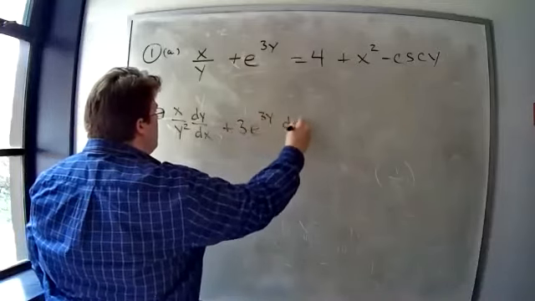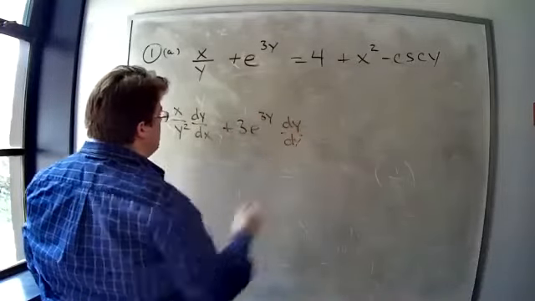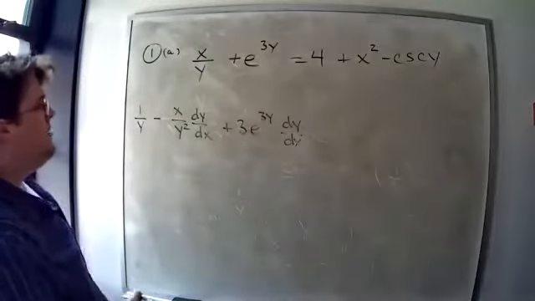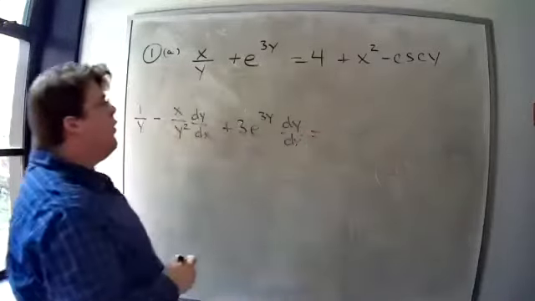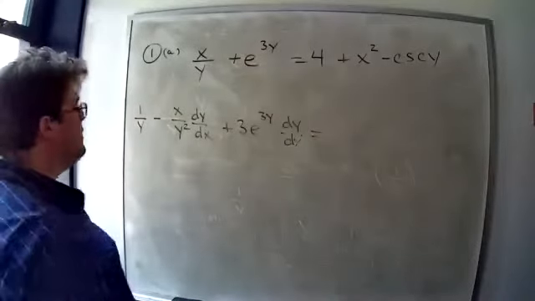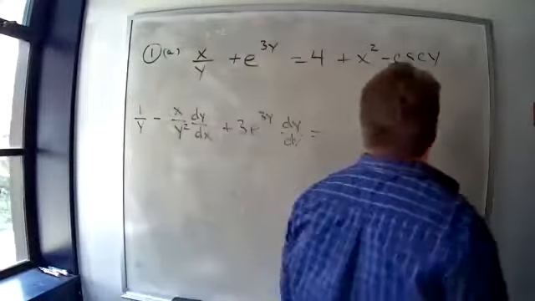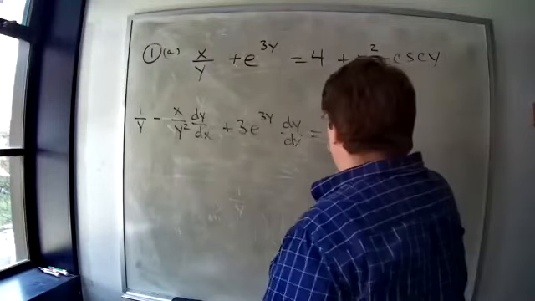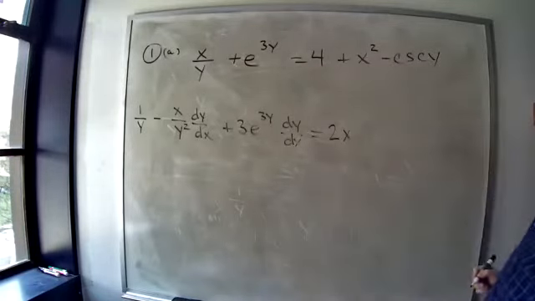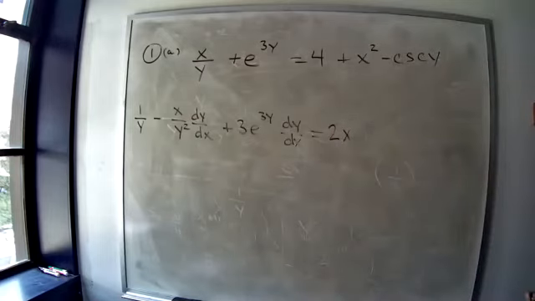And now on the right side, we're still differentiating with respect to x. 4 is a constant, that doesn't change as x changes. Derivative is 0. Derivative of x squared with respect to x is still 2x. Derivative of cosecant of y, well, derivative of cosecant is negative cosecant cotangent.